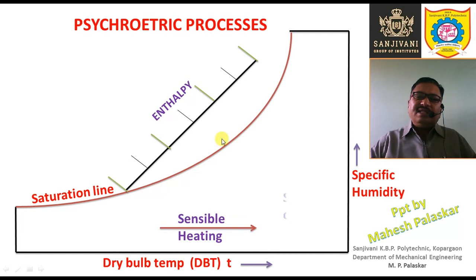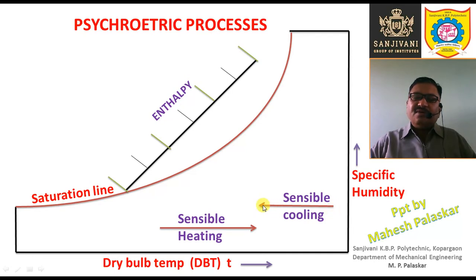Now the next process is nothing but the sensible cooling process. Sensible cooling is just opposite to sensible heating. During sensible cooling, the dry bulb temperature is decreased, right? Dry bulb temperature is directly decreased. So this is represented by a horizontal line with an arrow pointing in the left direction, right?